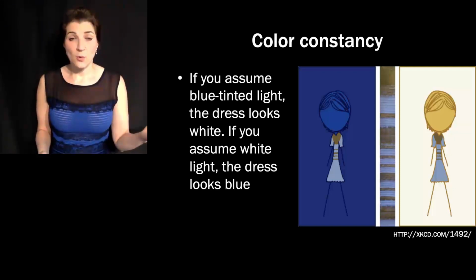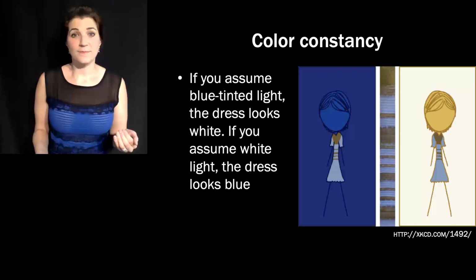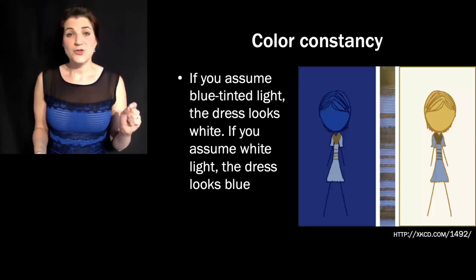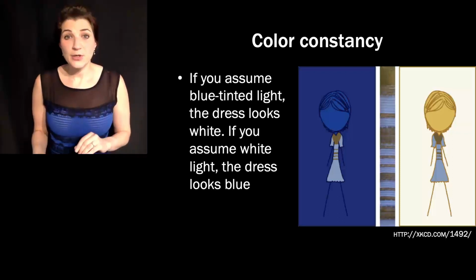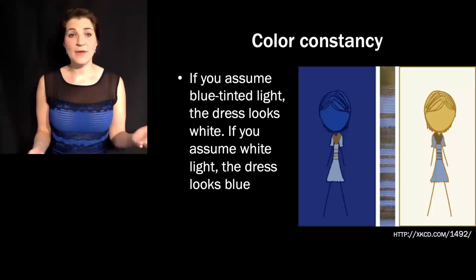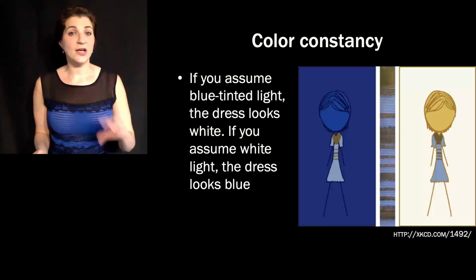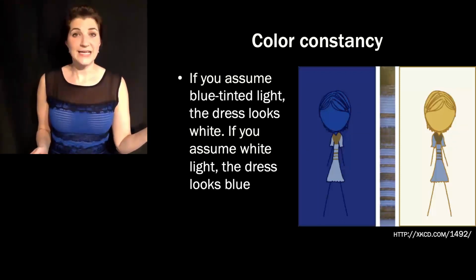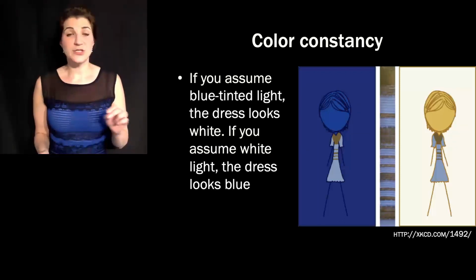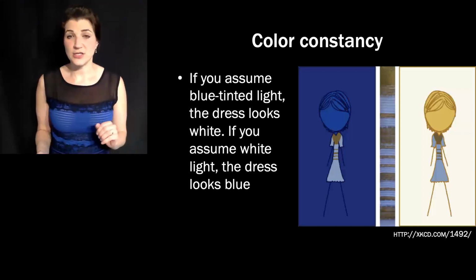So you perceive it as being white, like in the left panel of the picture here. If you assume that the dress is under white light, then that slight bluish tinge that you see must be coming from the dress itself. So if you assume blue tinted light, you're making a correction for what is under the blue light, and the dress appears white. If you assume whiter light, then the dress looks blue.